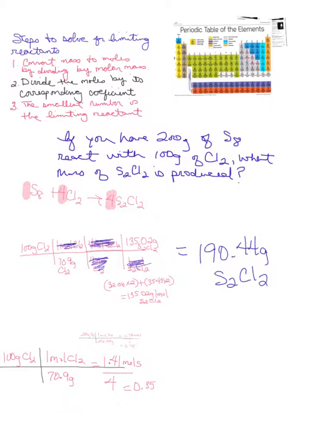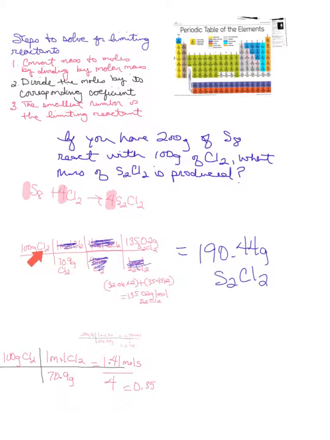Then we determined, okay, which one of these am I going to use? Am I going to use the 200 grams of cyclooctasulfur, or am I going to use 100 grams of Cl2 to solve this problem? And we have to determine which one of those is my limiting reactant to determine which one I'm going to use. Once we determined that chlorine was our limiting reactant, that is going to be our starting grams.